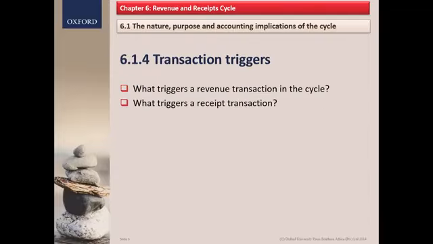Right, still on the nature, purpose, and accounting implications of the cycle, let us look at the two questions. What triggers a revenue transaction in the cycle, and what triggers a receipt transaction in this particular cycle? Right, who can give us an answer?